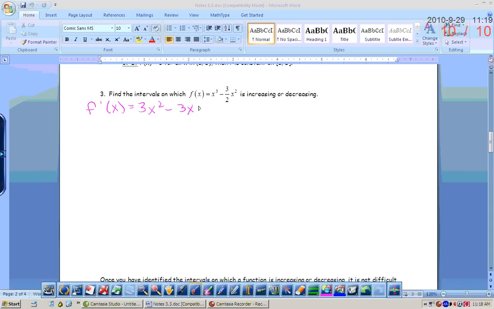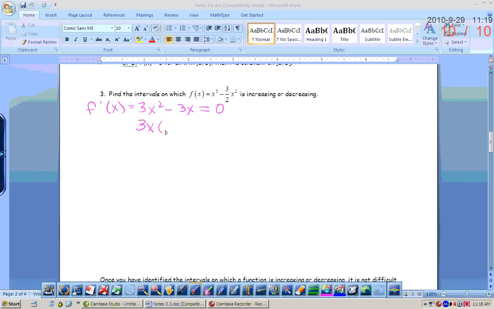Now a derivative will change from positive to negative where? At a critical number. Very good. So I need to find the critical numbers first. And the critical numbers are where the derivative equals 0 or where the derivative is undefined. Do I have any points where this derivative is undefined? No. So I just set it equal to 0.